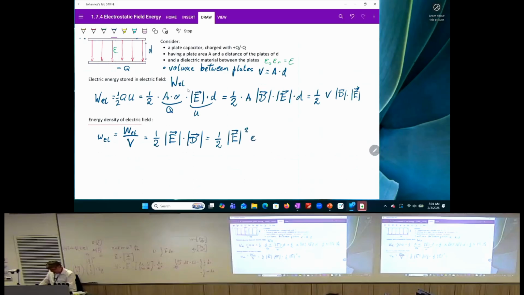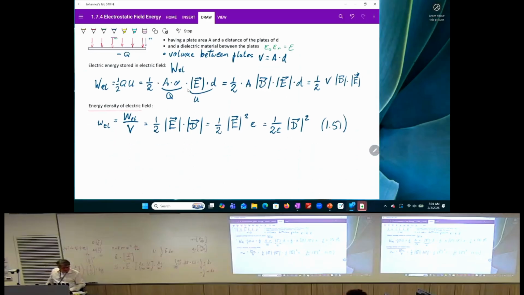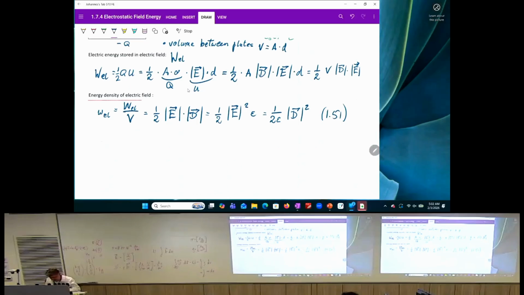Or you can also say 1/2 over permittivity times the D field squared. That's your equation 1.51. So the energy is carried by the E field and D field directly. This holds also for vacuum. So also independent of the material you have, the energy is carried by the electric field and the D field.